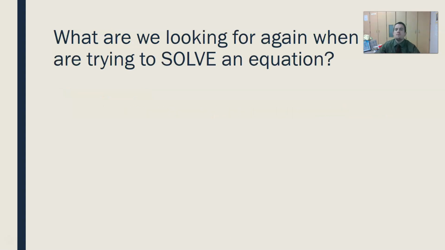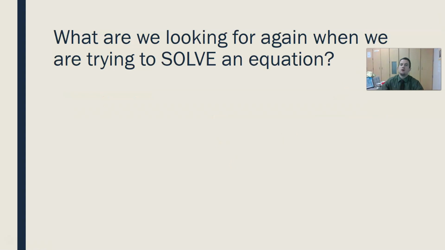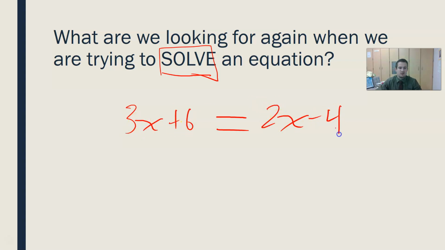Remind me, what are we looking for when I'm trying to solve an equation? Well, we talked about yesterday that when I'm asked to solve, I'm usually going to have an equal sign with some stuff on one side and some stuff on the other side.